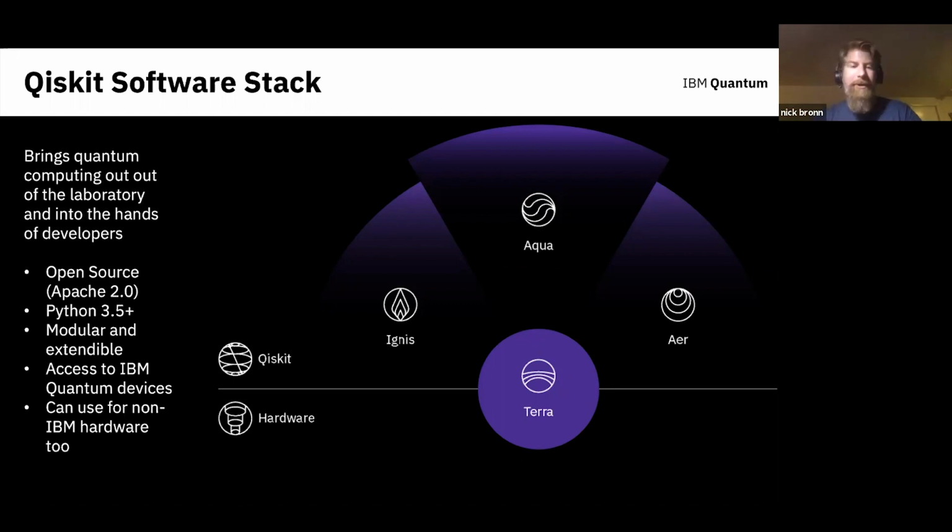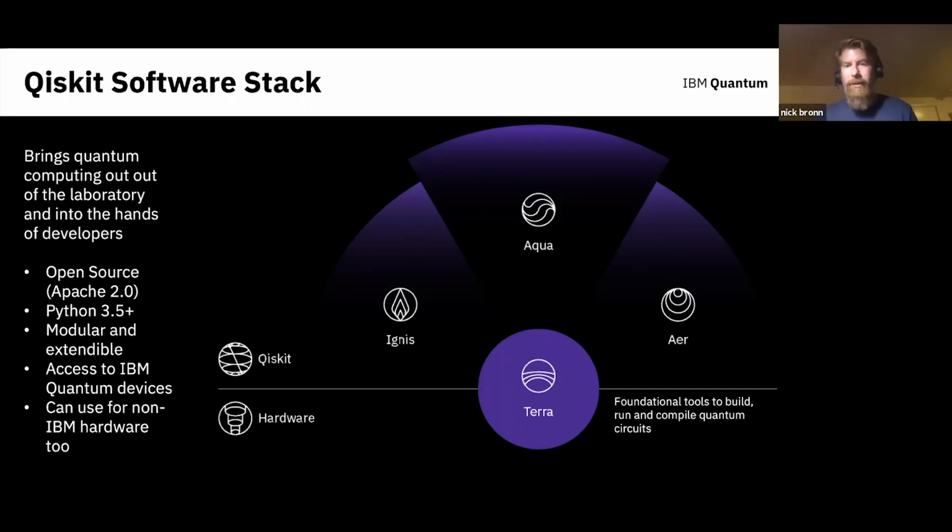It sits on top of any hardware, in particular the hardware that we have at IBM, but it can also sit on non-IBM devices, and has been employed by other companies on non-superconducting hardware, for example. The bedrock element of Qiskit is Terra. This is a set of tools to build and run quantum circuits and compile them into something that can be understood by a hardware backend.